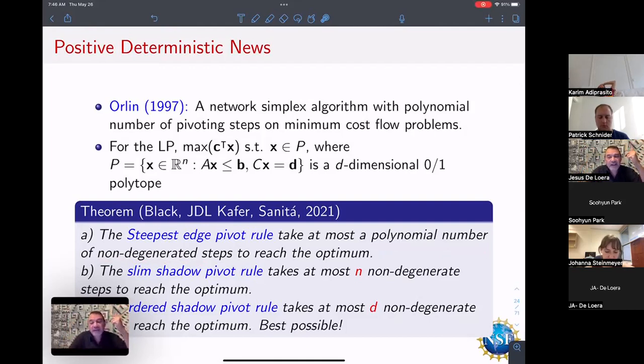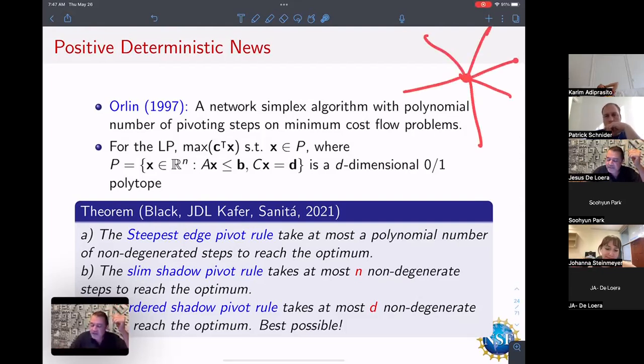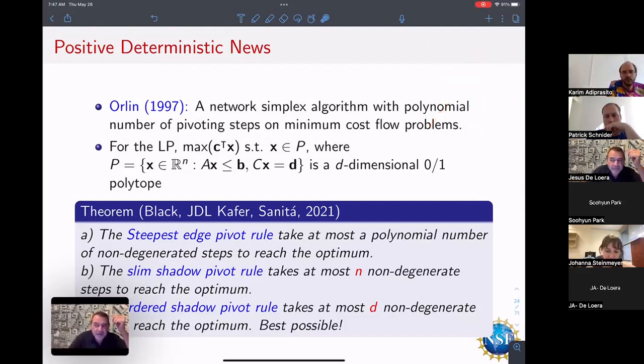Now, you have to be very careful here because I'm very careful to say non-degenerate. And I want to emphasize this for the following reason. You know, when you have a 0-1 polytope, it is typically highly degenerate in the sense that there are vertices where the number of edges that come into the vertex is higher than the dimension, right?